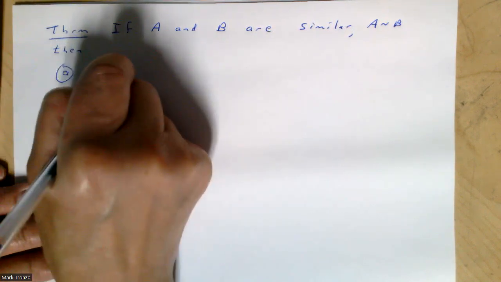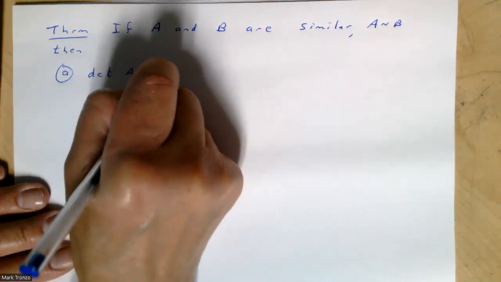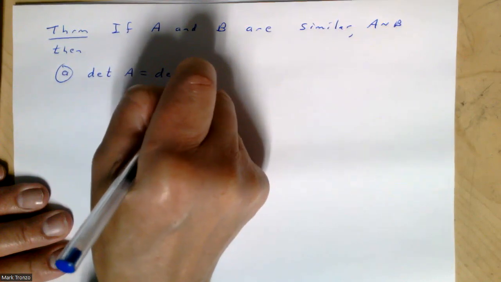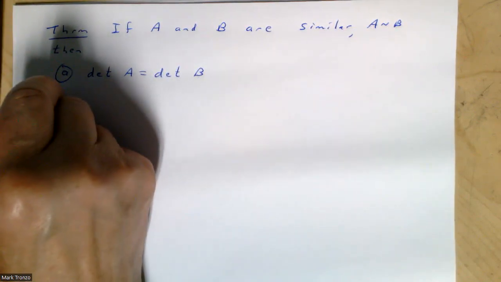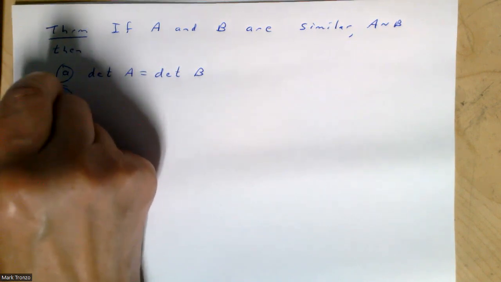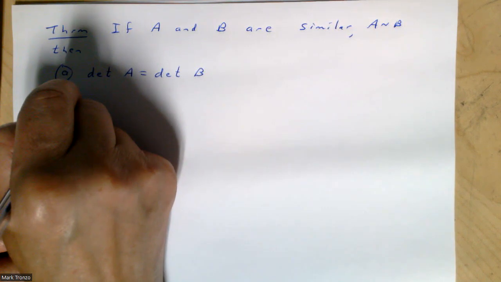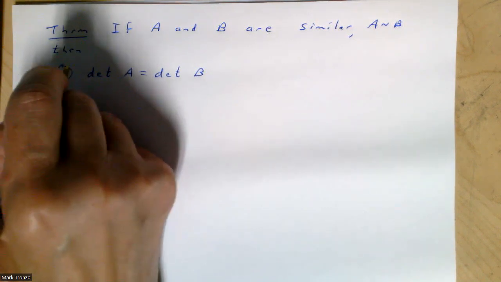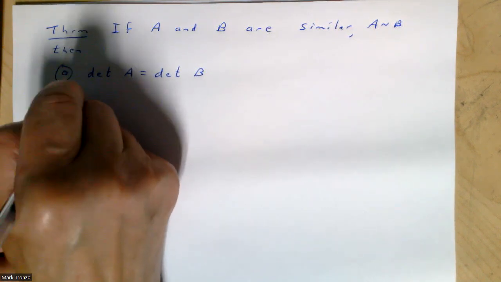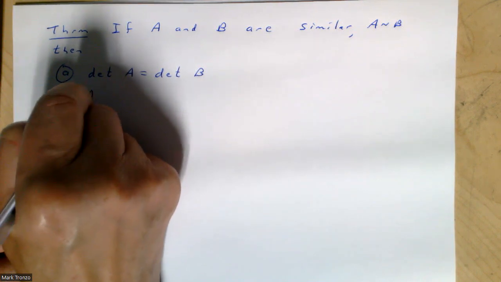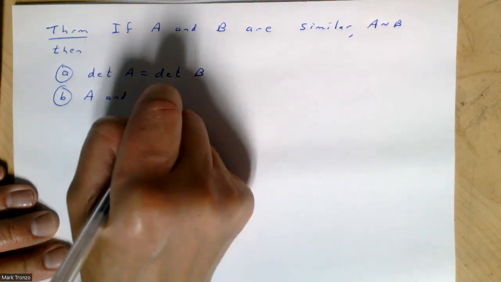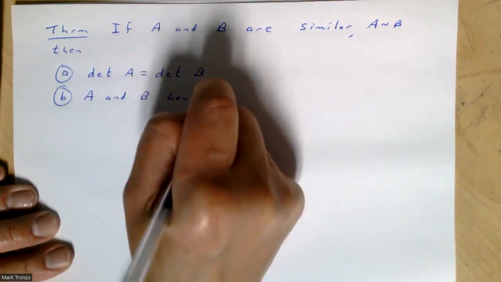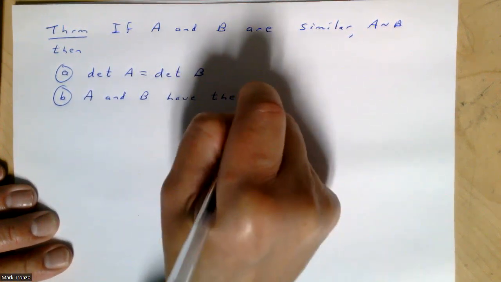The determinant of A equals the determinant of B. And this is very important for what we've been working with: A and B have the same eigenvalues.